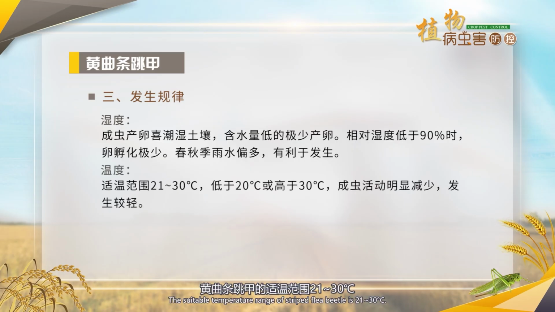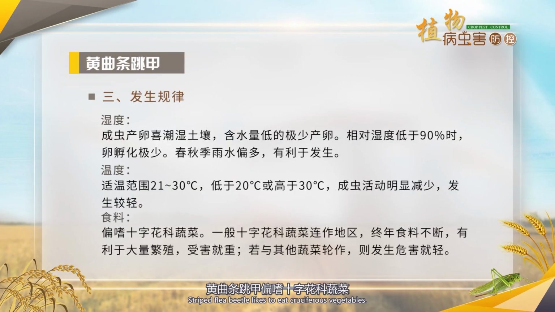The suitable temperature range of striped flea beetle is 21 to 30 degrees Celsius. If the temperature is below 20 degrees Celsius or above 30 degrees Celsius, the activity of adults will be significantly reduced. Especially in the high temperature season in summer, the food intake will decrease sharply, the reproduction rate will decrease, and there will be hibernation, so the harm will be gentle.